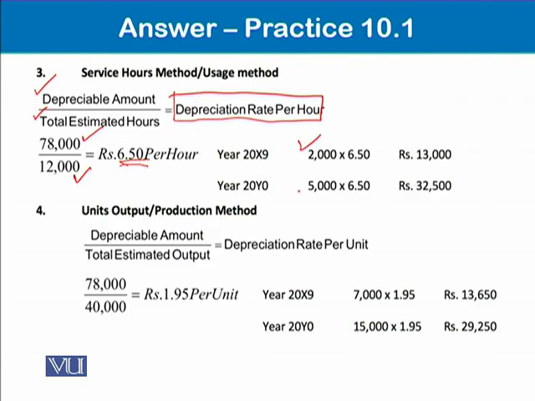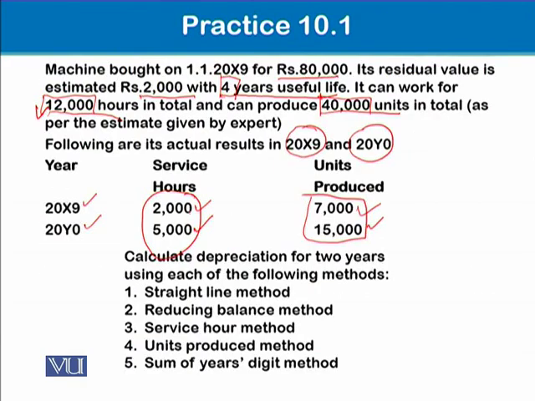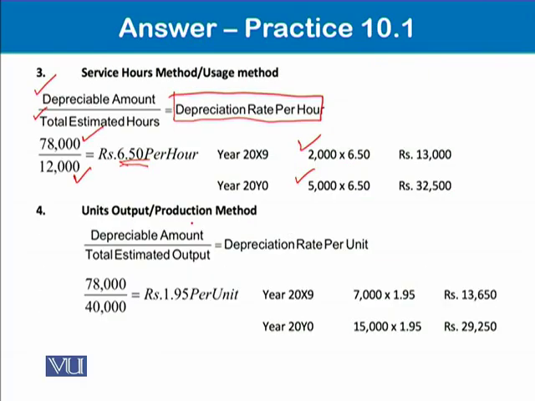Apply this on the number of hours that we worked, which is 2,000 and 5,000. After applying this rate, we get 13,000 for year X9 and 32,500 for the year Y0.